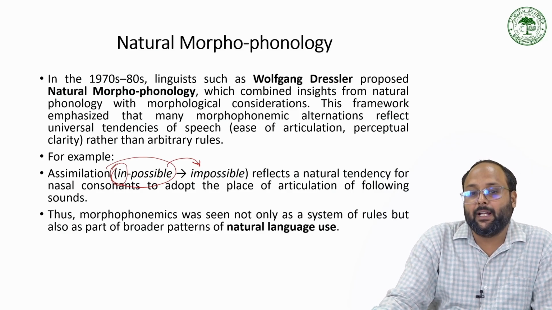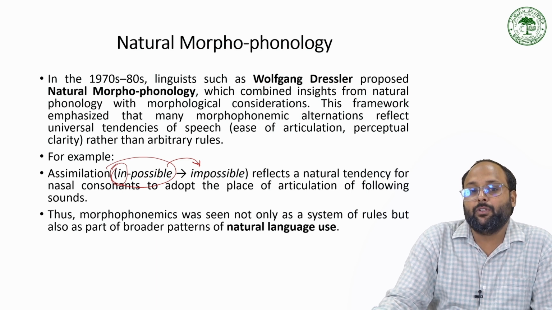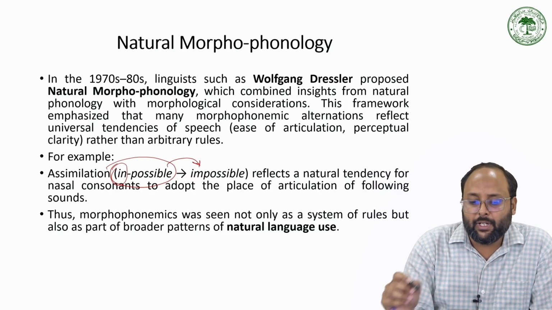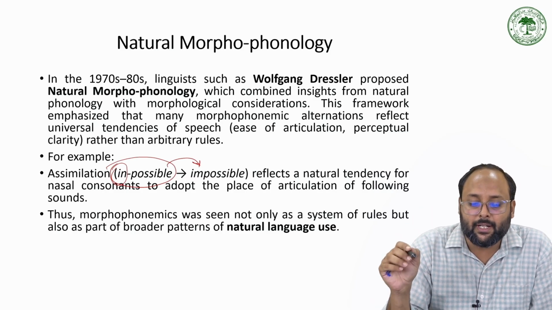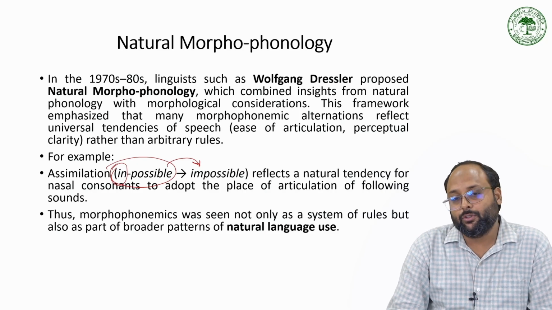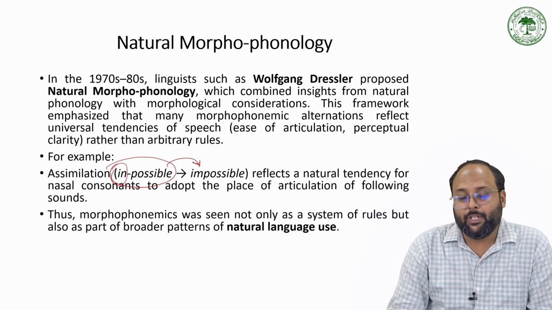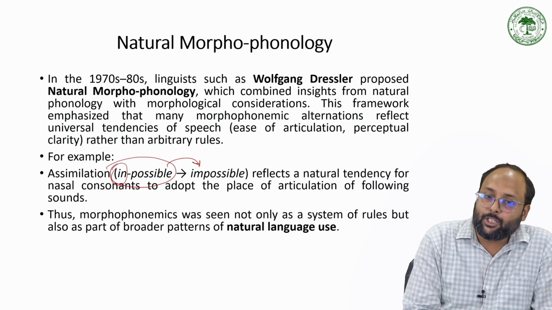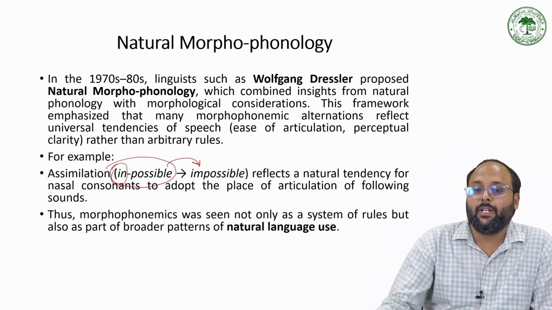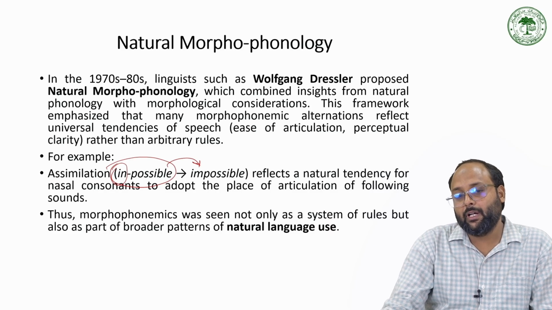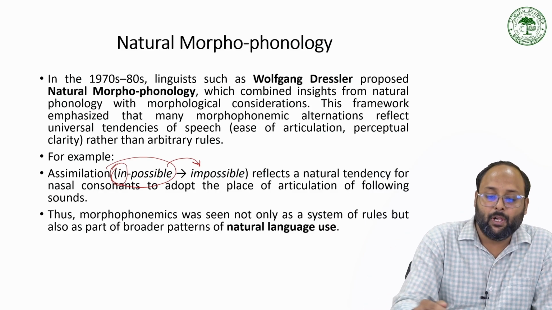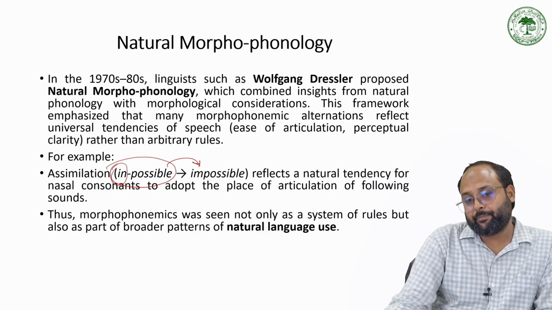They say it is part of the language as a universal tendency or for perceptual clarity. It is the natural tendency for the nasal consonant to adopt the place of articulation of the following sound. So it is not changing by some surface representation, but it is a natural tendency of the consonant. So in plus possible becomes impossible.